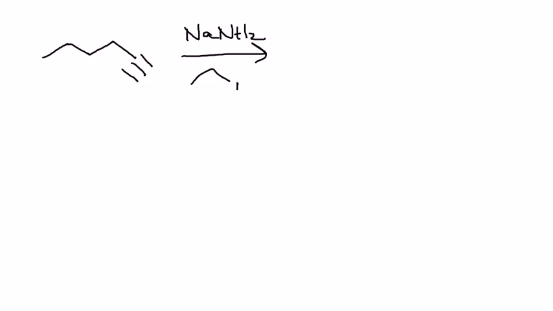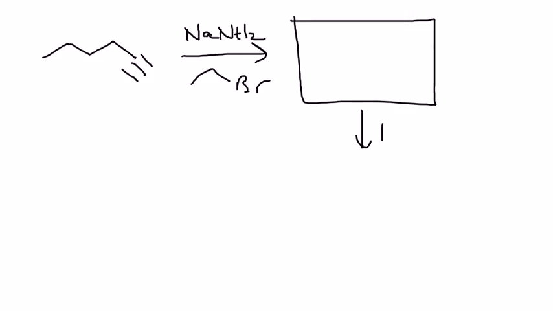So let's say you have something like perhaps this alkyne, and you're treating it with NaNH2, and then you have a box, and maybe you're just hydrogenating it with palladium, barium sulfate. So that's going to stop at the alkene stage.